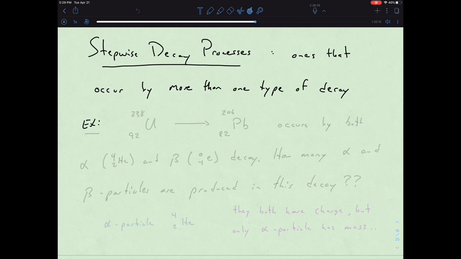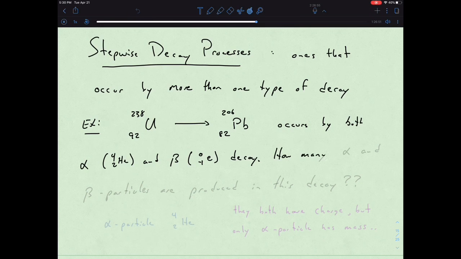So, as an example, we could look at uranium-238 going to lead-206. Right, this occurs by both alpha and beta decay.